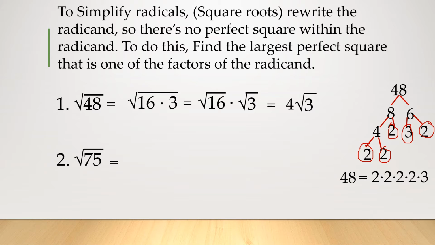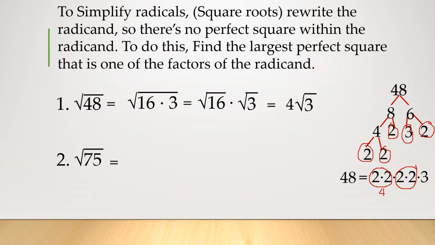So how many? Okay, so 1, 2, 3, 4. And then 3. So that is times 3. That is 48. Now, since we're talking about square root, in every pair, that is a perfect square. So this is 2 times 2, that is 4, right?